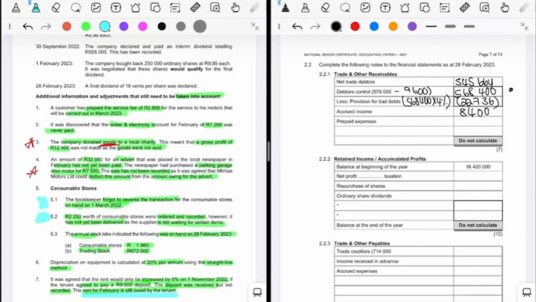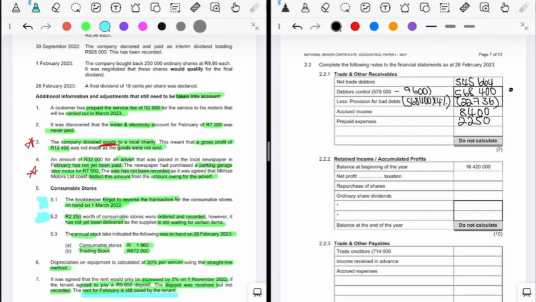However, it has not yet been delivered as the supplier is still waiting for certain items. Meaning we have paid for the consumable stores, but we have not received them. So we have prepaid for them. So 2,250 prepaid expense. And that's your trade and other receivables note. Nothing else to add there.